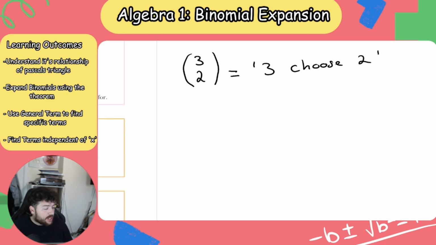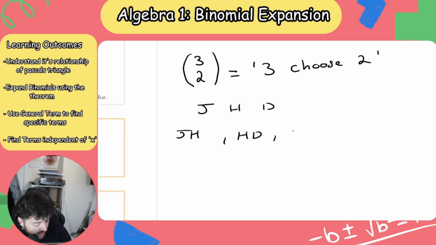What that means is how many groups of 2 could I make from a set of 3? Say I have John, Harry, and Derek. I could have a group of John and Harry, a group of Harry and Derek, and a group of John and Derek. And that's it. So 3 choose 2 should equal 3.